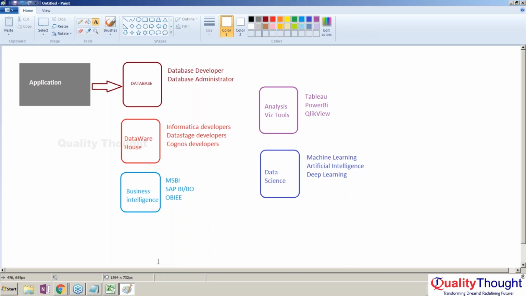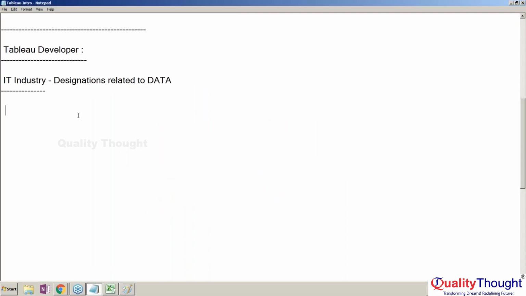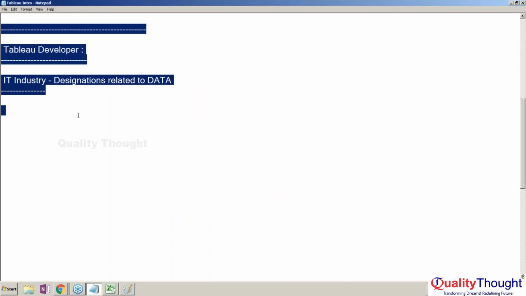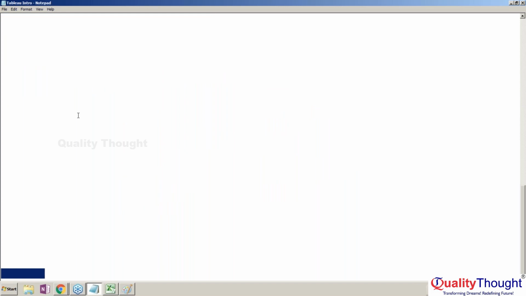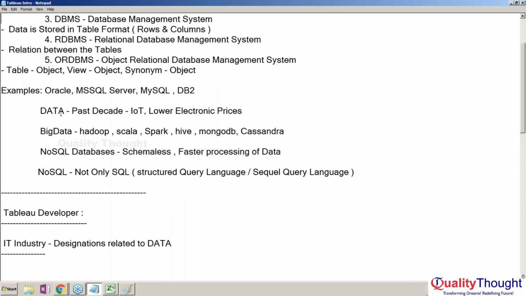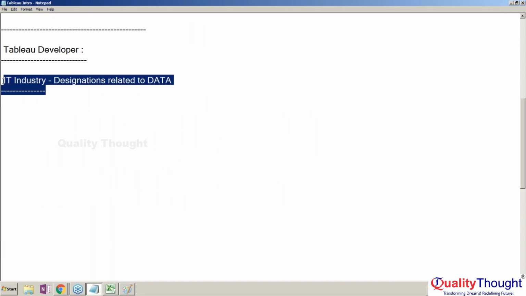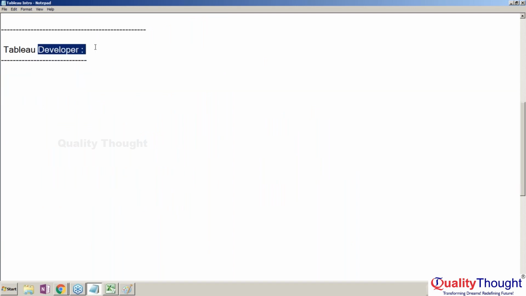So now let me tell you why Tableau is so perfect in the industry. Tableau is a wonderful tool which holds a large market in the world, and it holds two unique technologies.